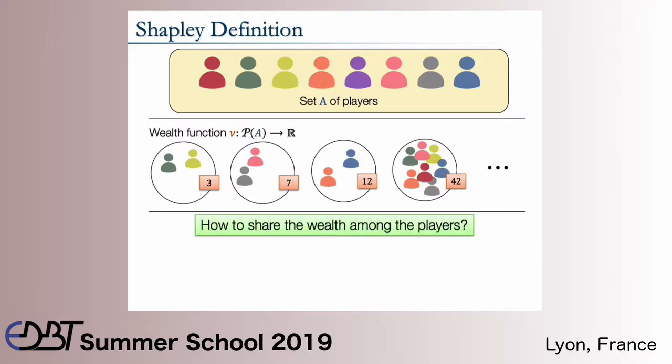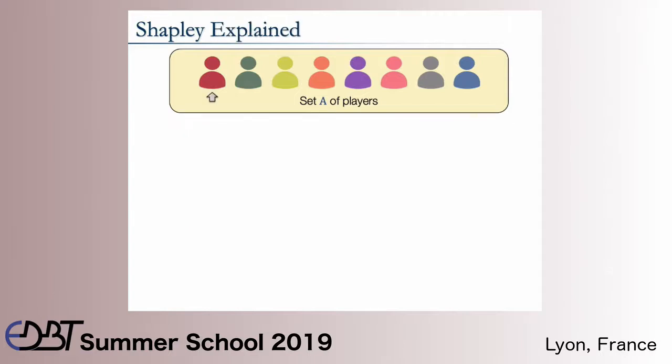And the question is how to share the wealth between the players. The complex answer is that there is a formula here, basically some division between factorials and so on. But here's the semantics of it, which is very simple.